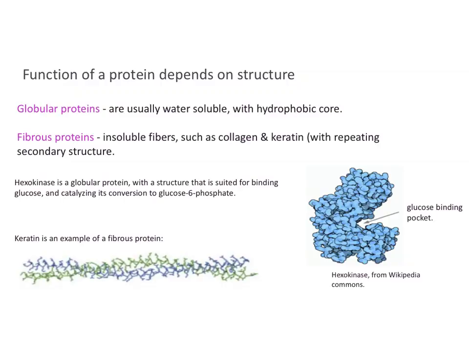Let's get started. Hopefully you've seen these pictures before. Last time we talked about fibrous proteins. This time we're talking about globular proteins. Again, these are water-soluble with a hydrophobic core. That means the very inside of these proteins is made up of your valines, phenylalanines, isoleucines, and leucines, and the three-dimensional structure is driven by the hydrophobic effect.